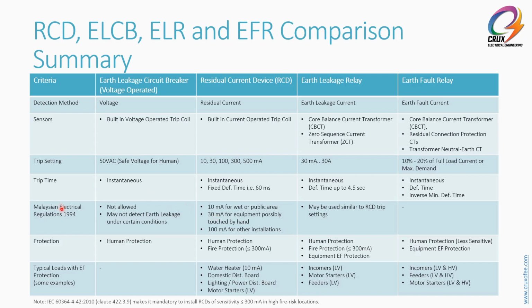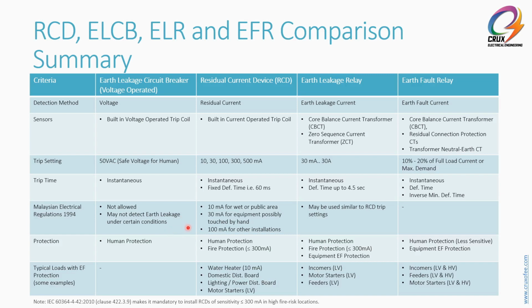Just to highlight to you, I'm talking from a Malaysian electrical regulations perspective. So ELCB is pretty much not allowed. It's not even mentioned in any of the wiring guidelines by the local authority here. As you remember earlier, it doesn't detect any faults when there's direct contact by a human.